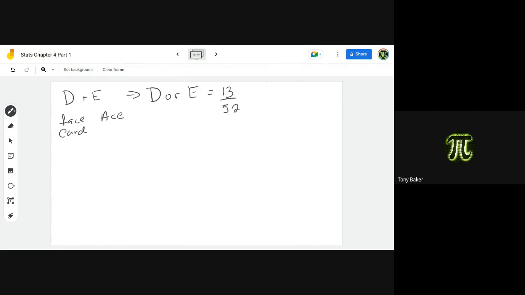And an ace is, oh no, sorry, not 13, 12 out of 52. And then that's 4 out of 52, right? Yeah. So that means I would get the 16 out of 52. Okay, because there's no overlap in those at all. All right, so if they're mutually exclusive, I can just add the two things together.